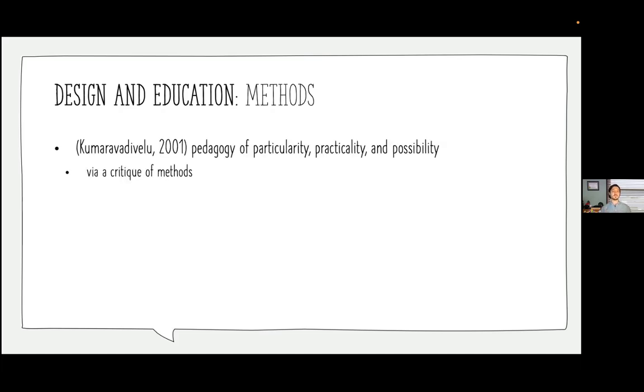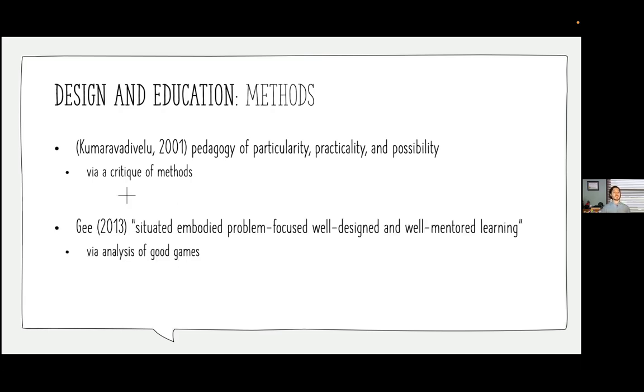We have the pedagogy of particularity, practicality, and possibility, and we came to this via a critique of methods. Gee, in his kind of most concentrated drip of his ideas from analyzing games and analyzing the learning principles in games, says learning should be situated, embodied, problem-focused, well-designed, and well-mentored. And he came to this via the analysis of the games.